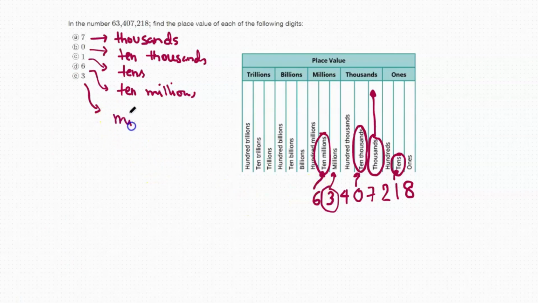So this is millions. This is how we write the place value of each of the digits. We write the number in a place value chart, starting at the right, and then we identify where each digit fits in the place value chart.